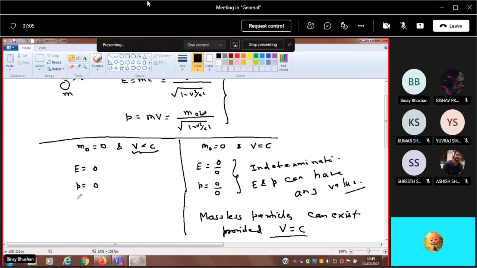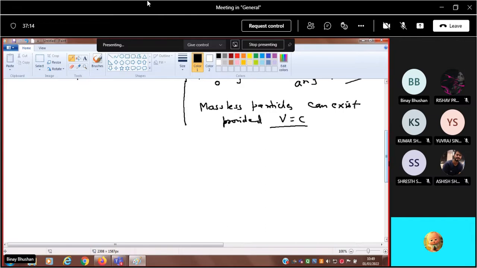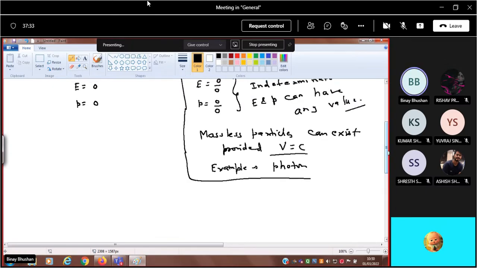And let me tell you that massless particles exist. Photon is a glaring example of a massless particle. And with the help of the photon, Einstein explained the photoelectric effect. So it is not that STR is just talking in the air.